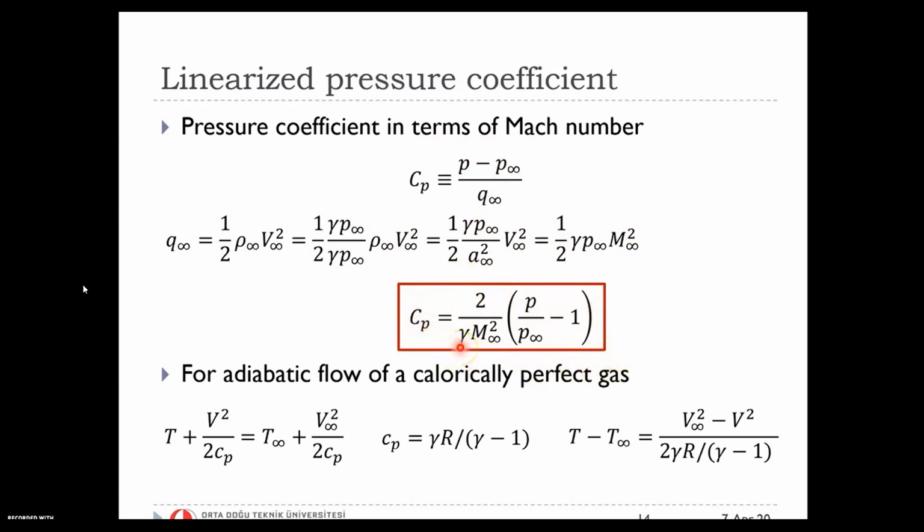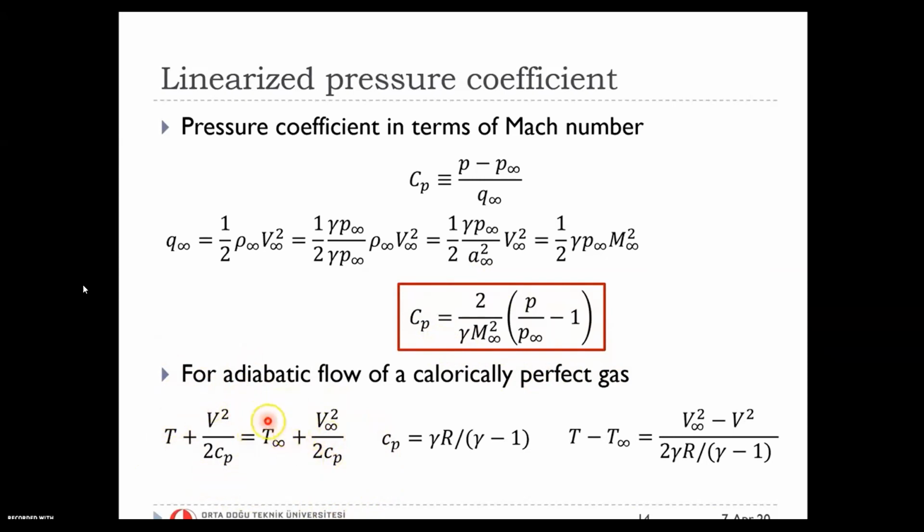Of course, this is an exact definition of the pressure coefficient, but it's only in terms of the Mach number. From now on, let's start using the assumptions that we had for our specific flow case. You may remember that we were dealing with adiabatic flow of a calorically perfect gas, which will allow us to write down this relation between static temperature at a point of interest and the static temperature of the free stream.